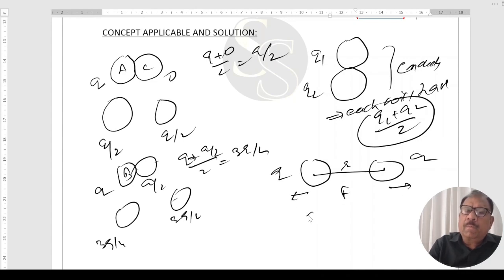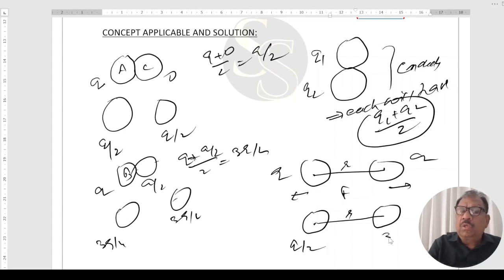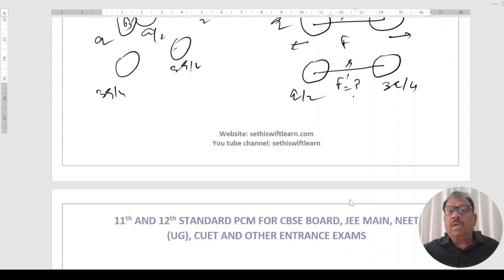Now second case, keeping the separation same, this is the separation R. This is Q by 2, this is 3Q by 4. Separation is same. In this case, say the force is F dash. We have to find F dash in terms of F. I think the question is clear now, right?